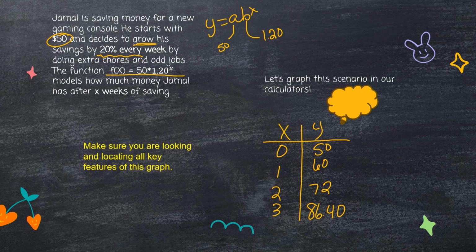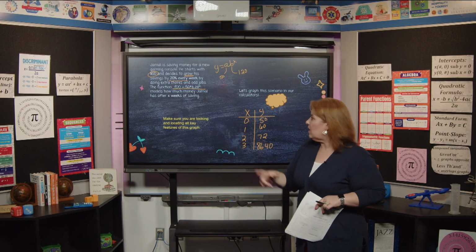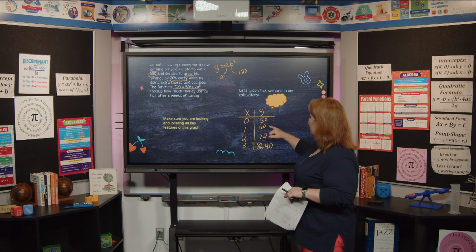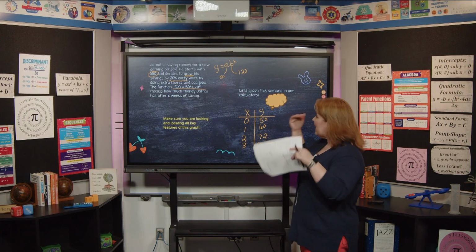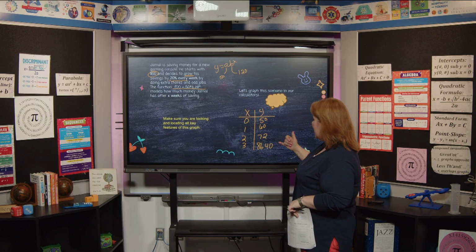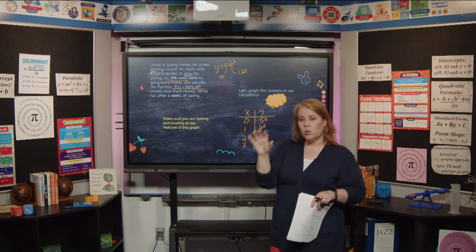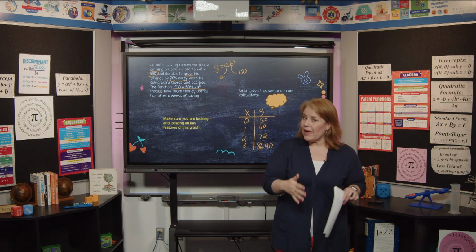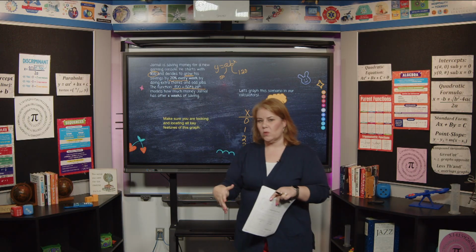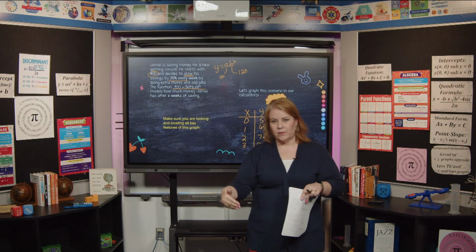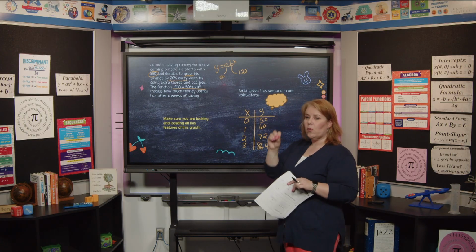So notice how we went from 50 to 60. I added 20%. Then I added 20% and went to 72. Then I added another 20% and went to 86.40. So that's why we're multiplying by that 1.20, because we're taking that new amount, which is the new 100%, and multiplying it by that 20%. I want you to make sure that you're understanding why I have that 1.20.